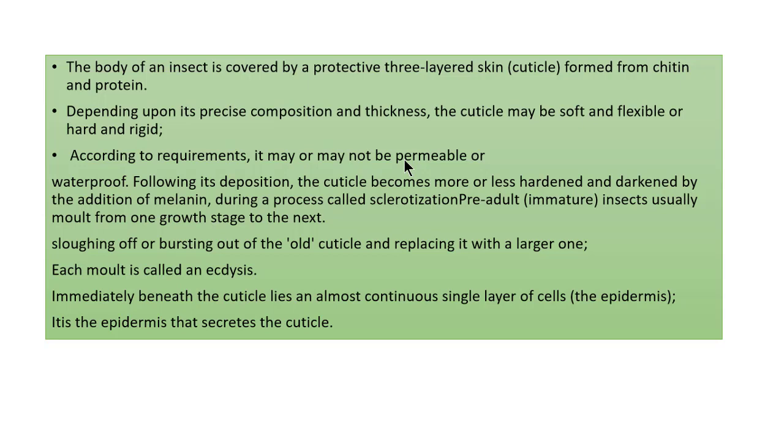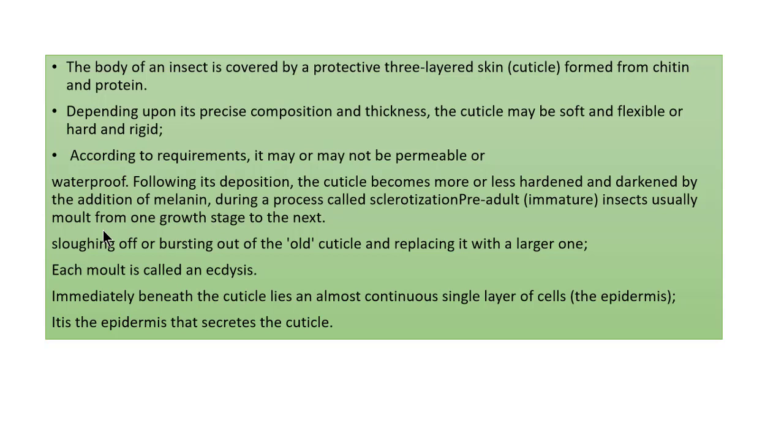Pre-adult immature insects usually molt from one growth stage to the next. There are many molt stages in each insect, but different insects have different numbers of molt stages. Everybody does not have the same molt stage. Someone has 3 stages, someone has 4 stages, someone has 8 stages.